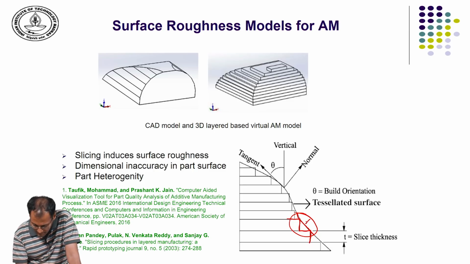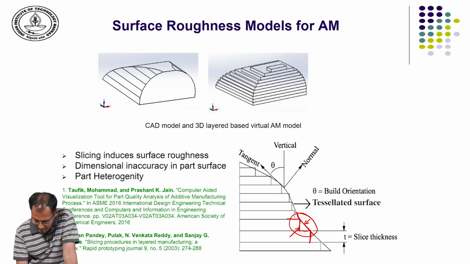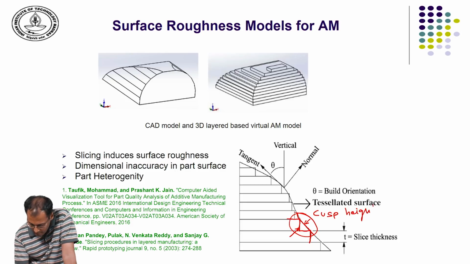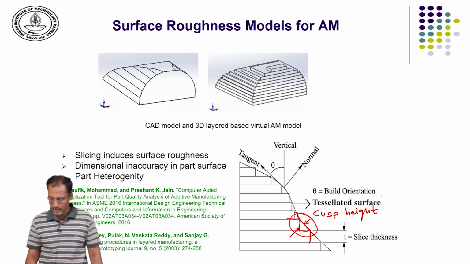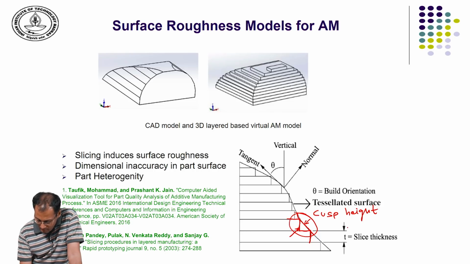The maximum deviation that occurs between the intended surface and the fabricated part has been used to understand the surface deviation and surface finish. This is called the cusp height and has been used to understand how far the actual fabricated part is deviating from the design. This depends on two important factors.